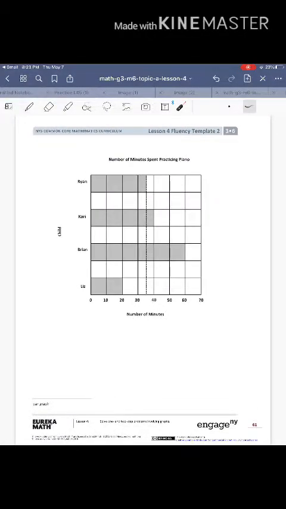But in this one, look at here, we don't have x, but we have squares, right? So look, from 0 to 10, that means this space is worth 10. So we have 10, 20, 30, 40, 50, 60, and 70. But as we can see right here in the middle, there is a line, and that line is being placed there to help us figure it out when it's between the 30 and the 40.